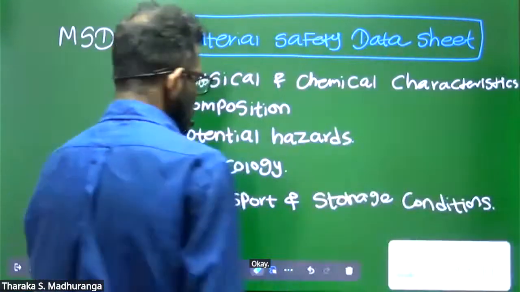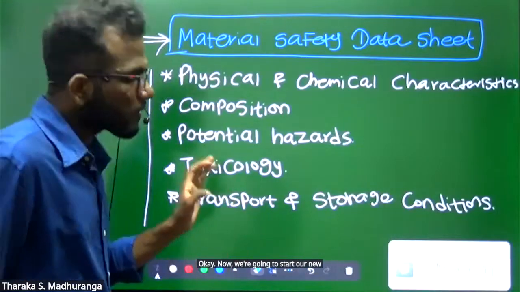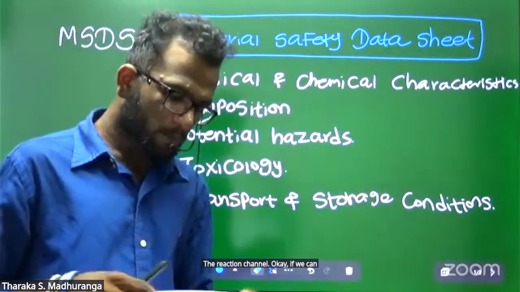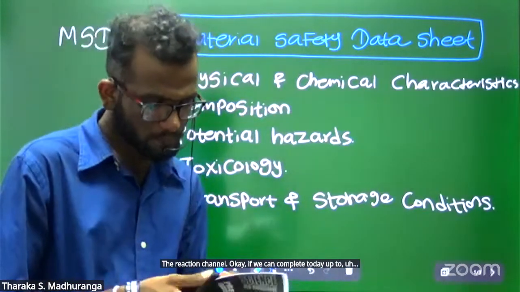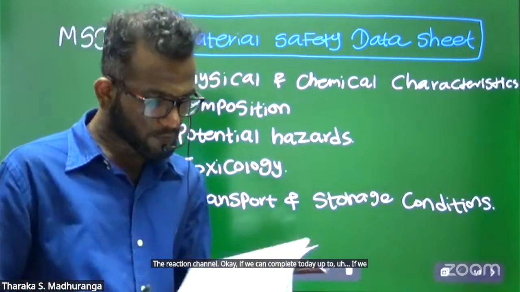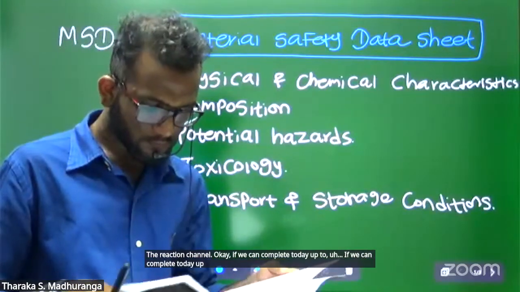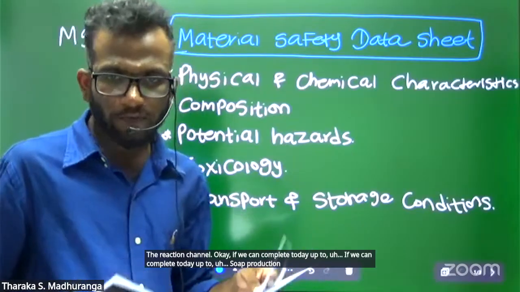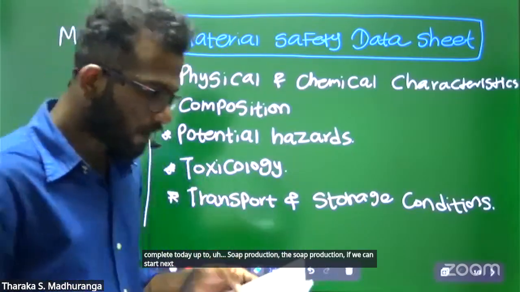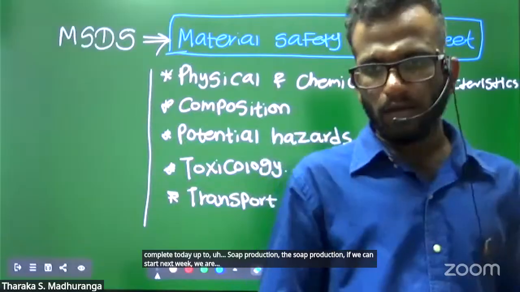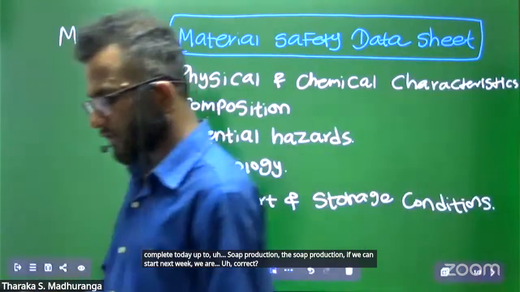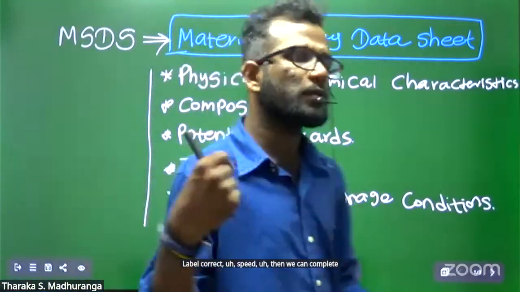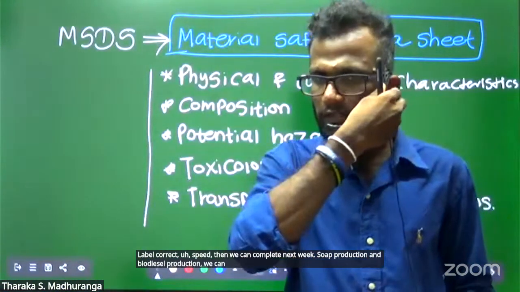Now we're going to start our new part, the reaction chamber. If we can complete today up to soap production, and if we can start next week at the correct speed, then soap production and biodiesel production we can complete next week.